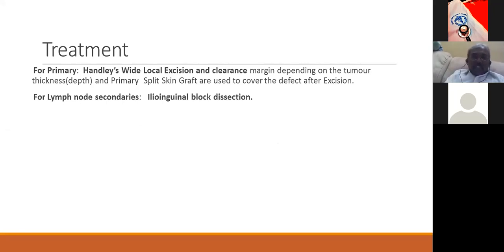Okay, sir. That is the right word to tell. The technique of SLNB is a procedure where you inject a contrast or a dye, usually just adjacent. There are two techniques. One is intralesional injection. The next is perilesional injection.